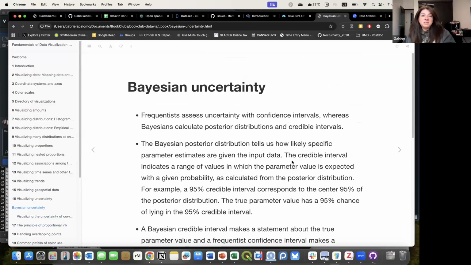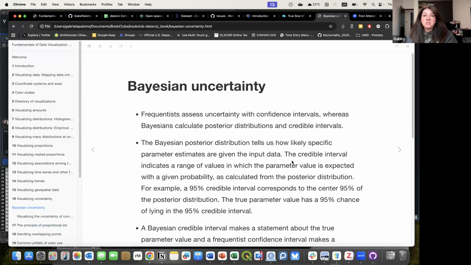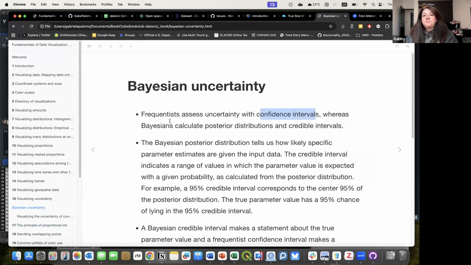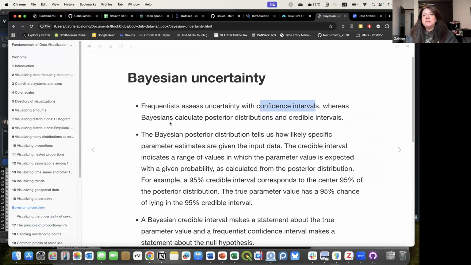When we're talking about Bayesian statistics, what we do is we calculate posterior distributions and credible intervals instead of calling them confidence intervals, which is what frequentists do. So the names, it's CI when you abbreviate them. So sometimes that causes a little bit of confusion.